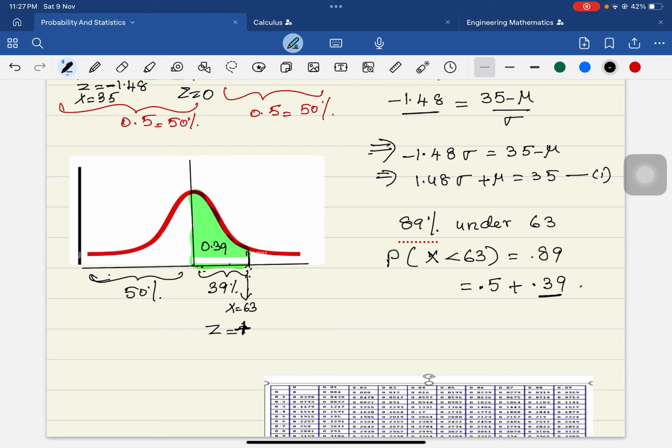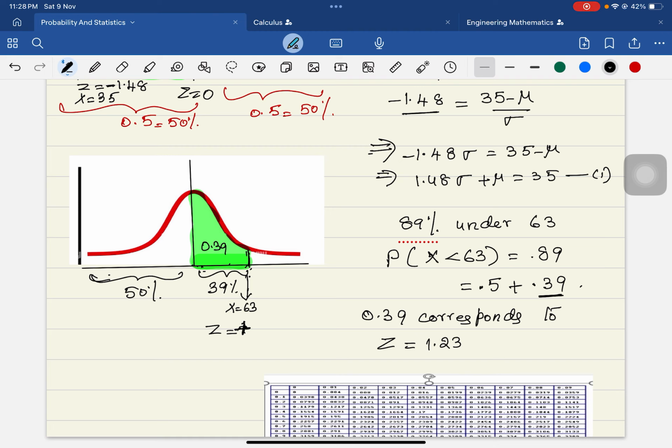Now this 0.39 is what we are going to find out here. 0.39 corresponds to z equal to which value we have identified, that is 1.23. 0.39 is corresponding to z equal to 1.23.